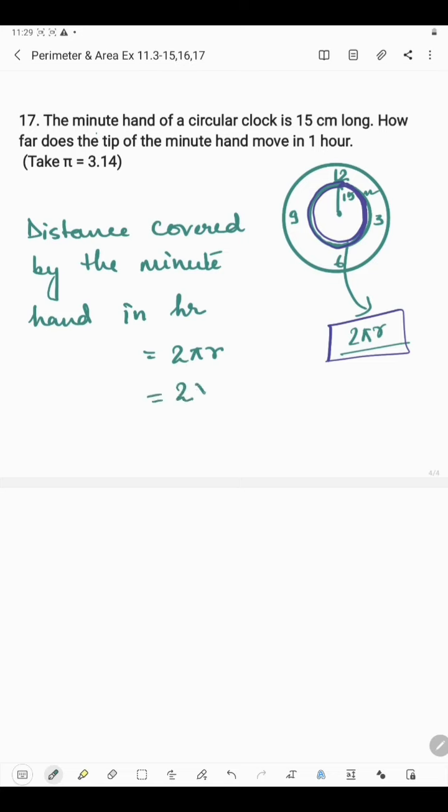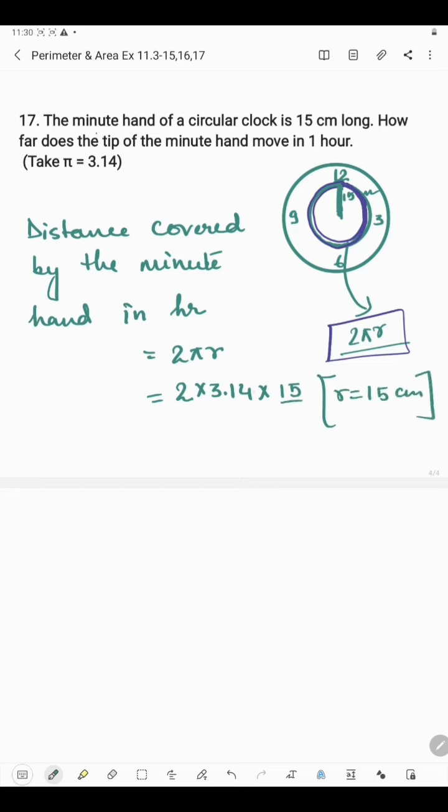Pi is given as 3.14 and for the radius, see this is the radius, 15 centimeter is the length of the minute hand, which is the radius of this circle. When it rotates from 12 o'clock, after 1 hour it completes a circle, so this will be the radius of the circle. Understood? So we put 15 in place of r.